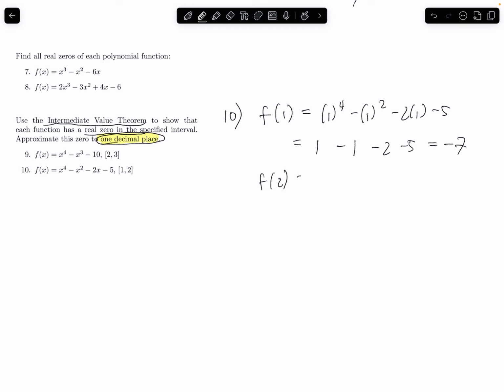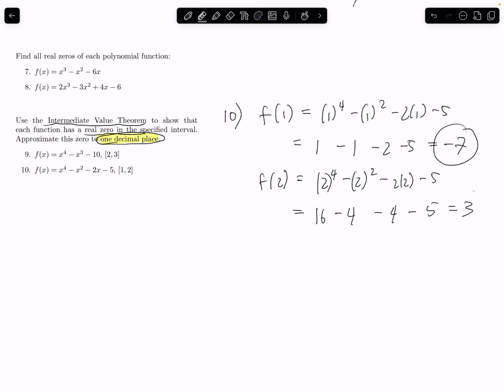Okay, f of 2, that's 2 to the 4th minus 2 to the 2nd minus 2 times 2 minus 5. That's 2, 4, 8, 16 minus 4 minus 4 minus 5. Okay, 16 minus 4 is 8 minus 5 is 3.